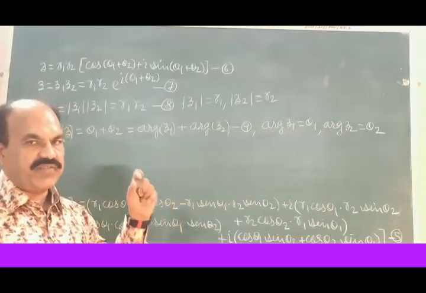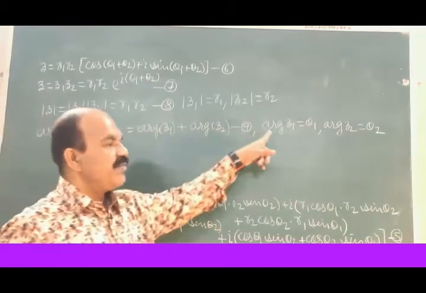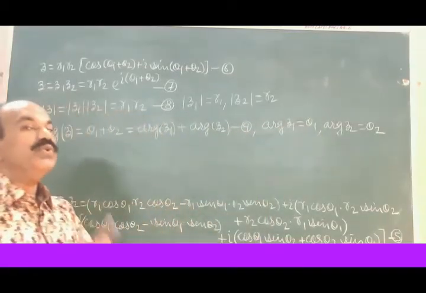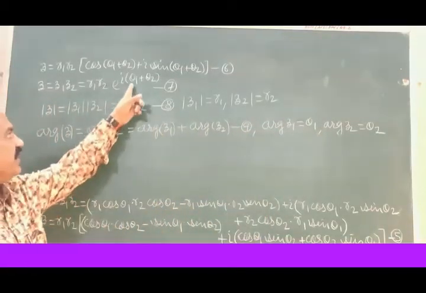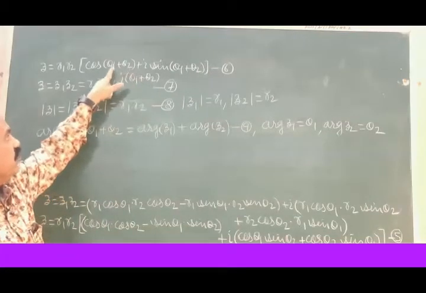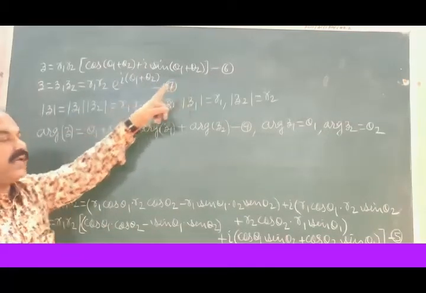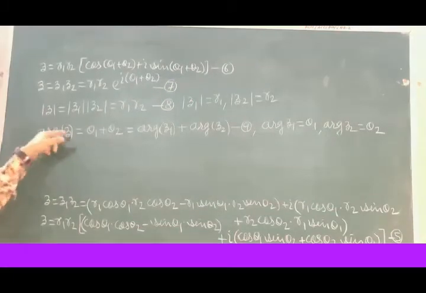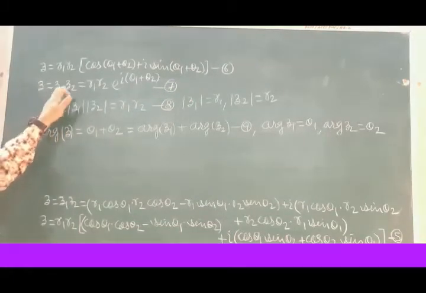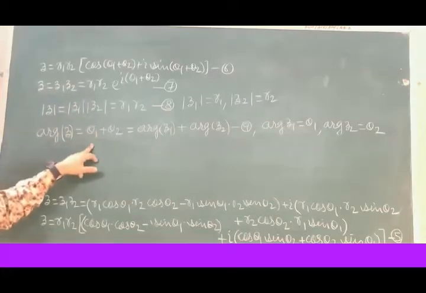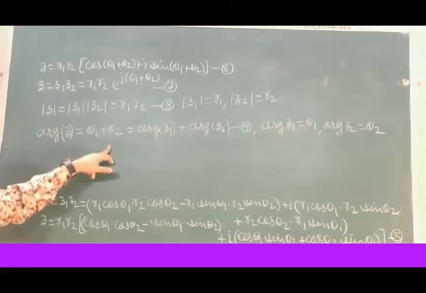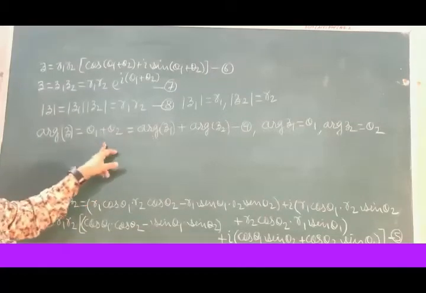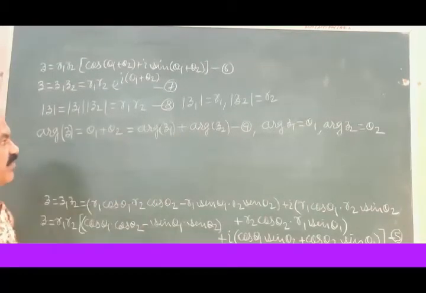Therefore, what is the argument here? Theta 1 plus theta 2. And therefore the argument of complex number z, which is the product of complex numbers z1 and z2, will be theta 1 plus theta 2. But what is theta 1? Argument of z1. What is theta 2? Argument of z2.